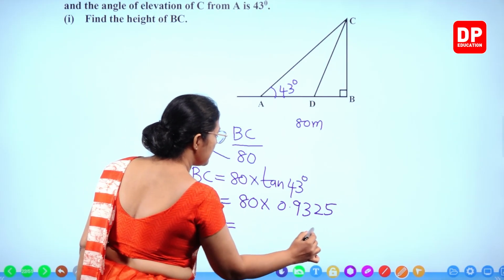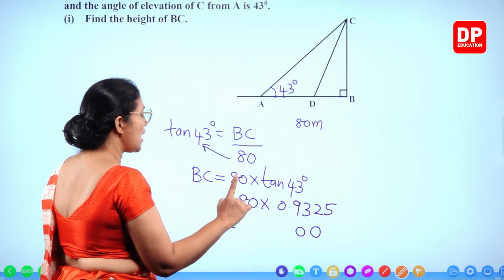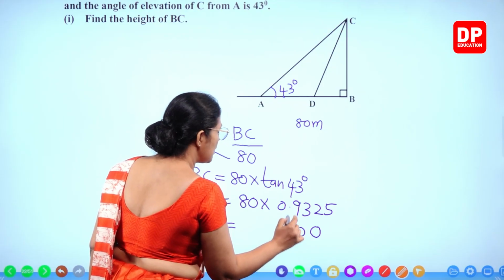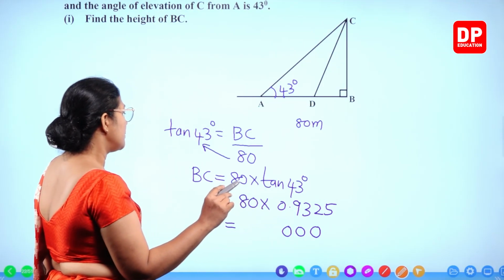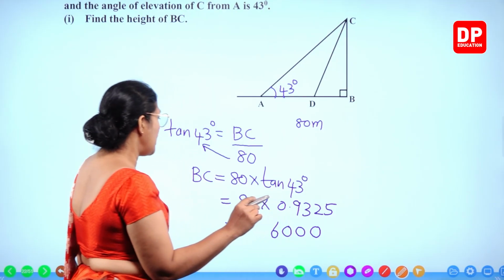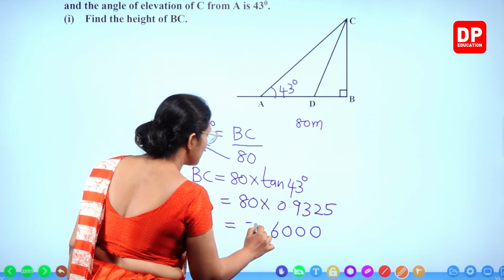Multiplied by 80. 0, 8 times 5, 40. 4 remaining. 8 times 2, 16 plus 4, 20. 2 remaining. 8 times 3, 24, 26. 2 remaining. 8 times 9, 72 plus 2, 74.